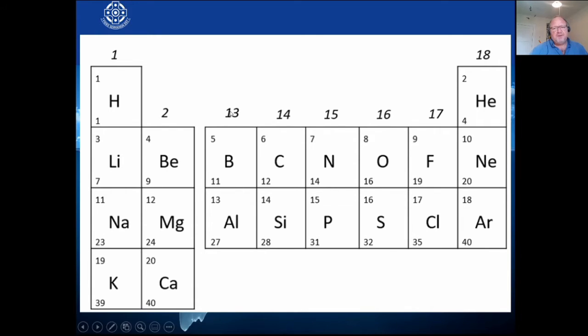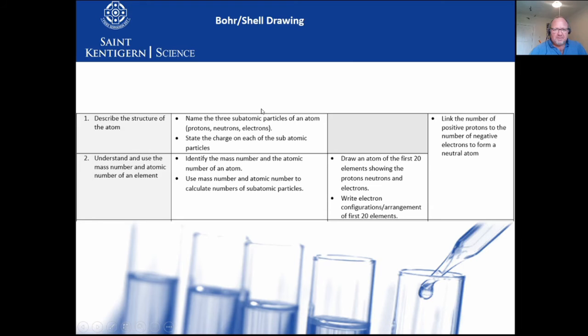Group 13, how many do they have in the valence shell? 3. 14, 4. Group 15, 5. Group 16 has 6. Group 17 has 7. And Group 18 has 8. Okay, and that is how I remember it.